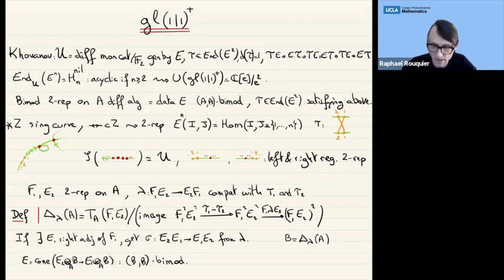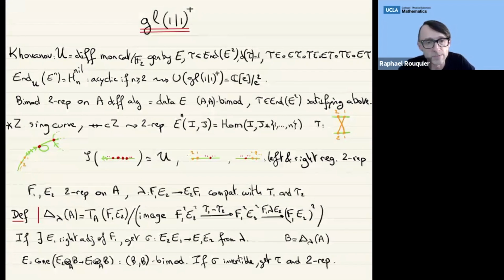And if sigma is invertible, you can even define a tau on E square, and this gives a true representation. Okay, so that's a very simple construction, but it gives rise to fairly complicated structures. What I'm saying there is not a full definition. There are some assumptions.